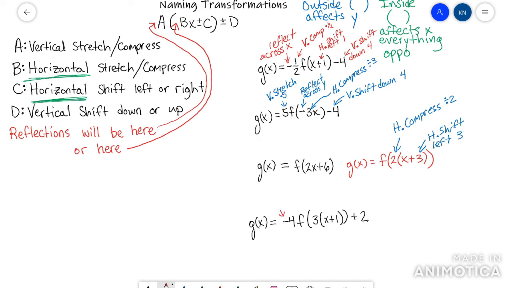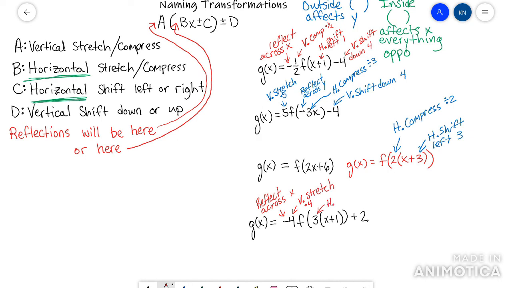This negative in front, in front of the A slot, is a reflection. And remember I said if it's in front of the A slot, it's always across the x-axis. Then I get to the 4. It's in my A slot, so it's vertical. It is timesing something by 4, so that would be a stretch, times 4. Then I get to the 3. This is in the B slot, so it's horizontal.